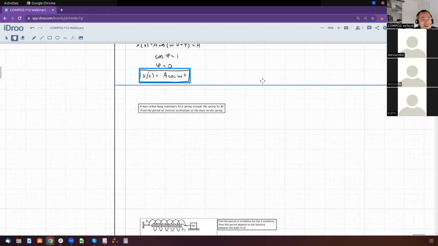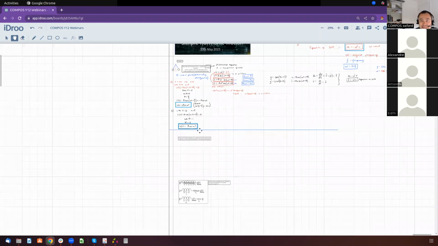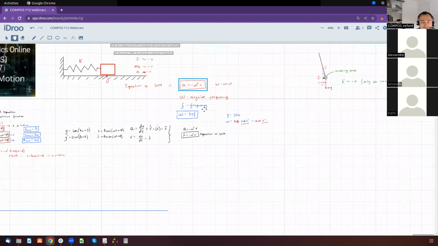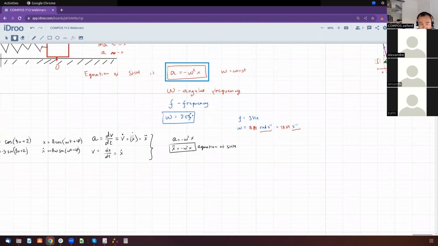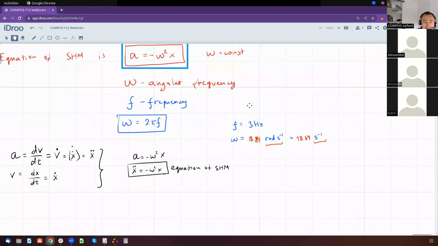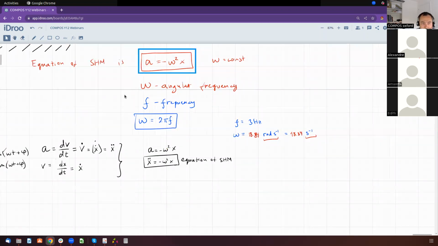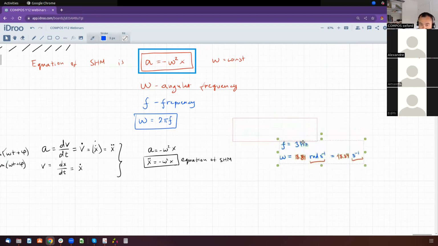Now, what we haven't explored yet, well, we've found the link between omega and frequency, and we just need to remember that frequency is 1 over time period. So you should know this from the waves topic from school. You know that frequency is also 1 divided by the time period.